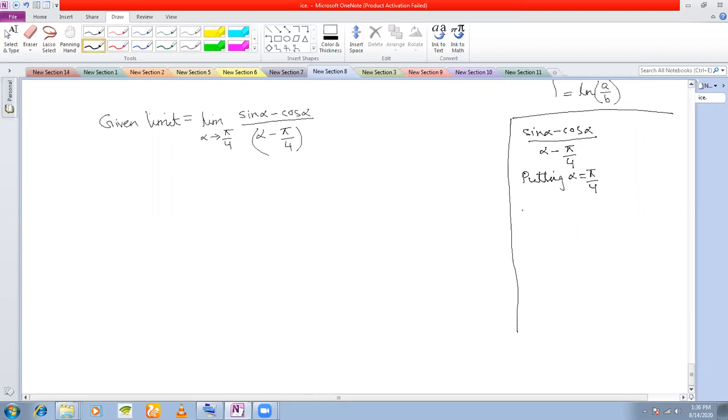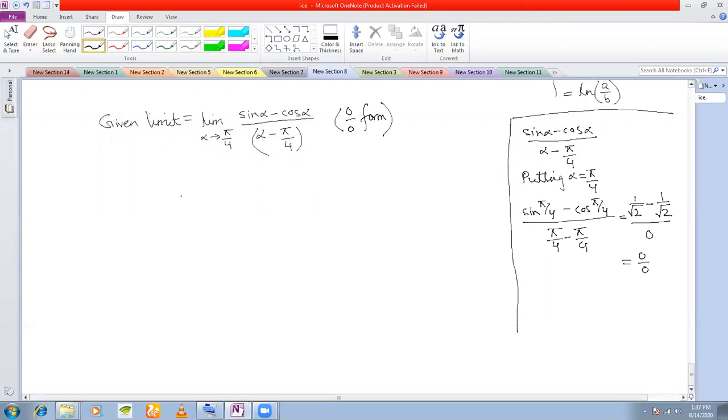What do you get? sin pi by 4 minus cos pi by 4 divided by pi by 4 minus pi by 4. And you know sin pi by 4 and cos pi by 4, what are the values? 1 by root 2 minus 1 by root 2 divided by 0, which is 0 by 0. So this is clearly a 0 by 0 form.